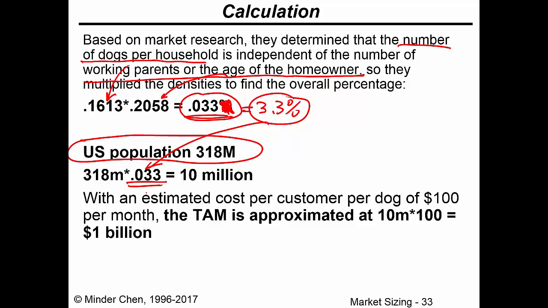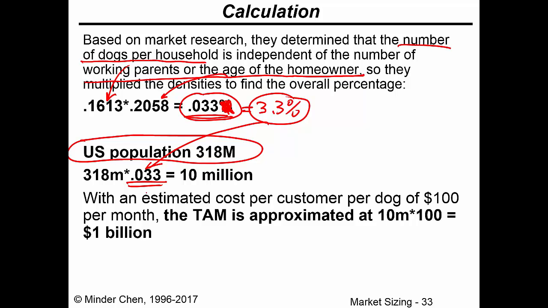And assume they're willing to spend $100 per month. This $100 can come from, for instance, how many times you walk the dog for them: walking the dog 5 times a month at $20 per walk for 30 minutes or an hour, and you do the math and come up with this $100.